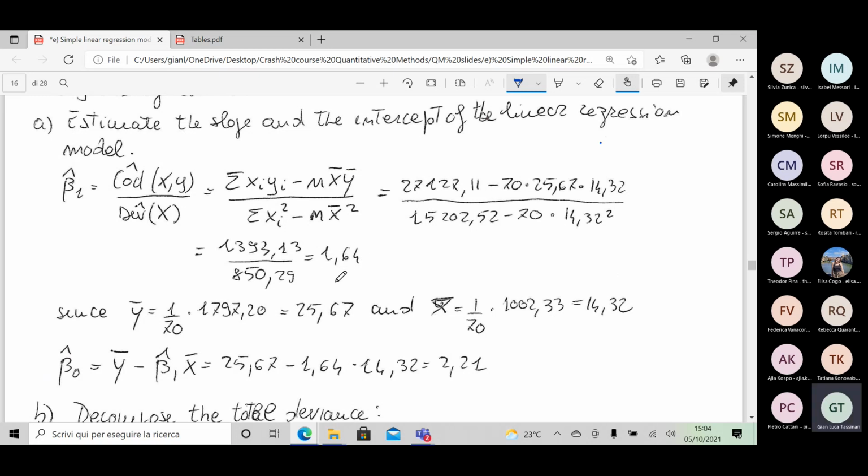So remember, the variable y is the annual income of the individual in the sample of each of them, and the variable x, the year of education.